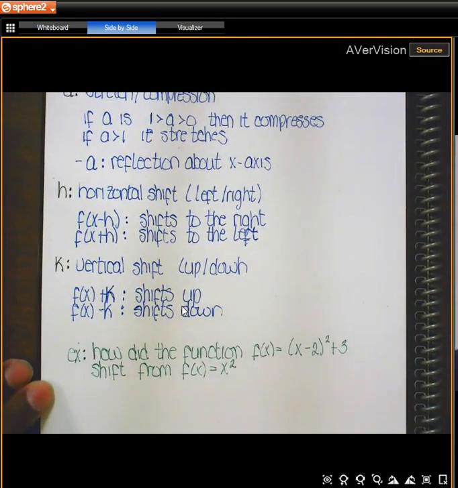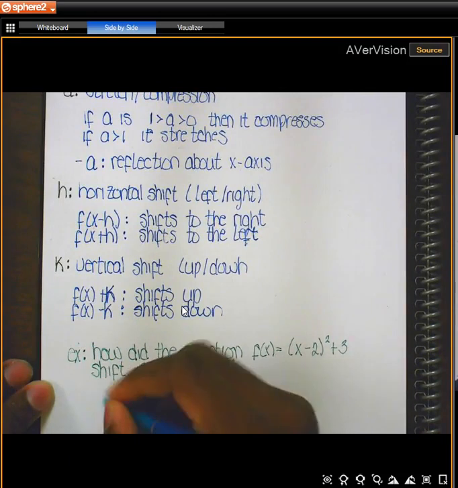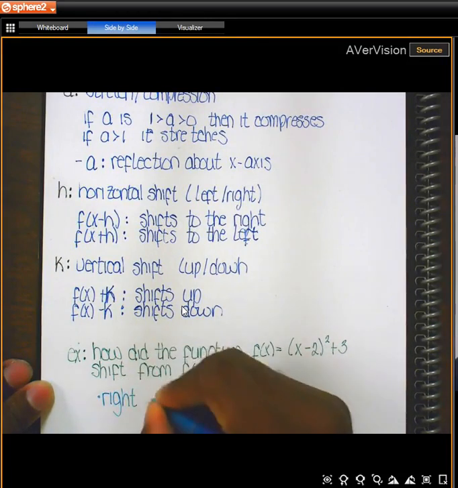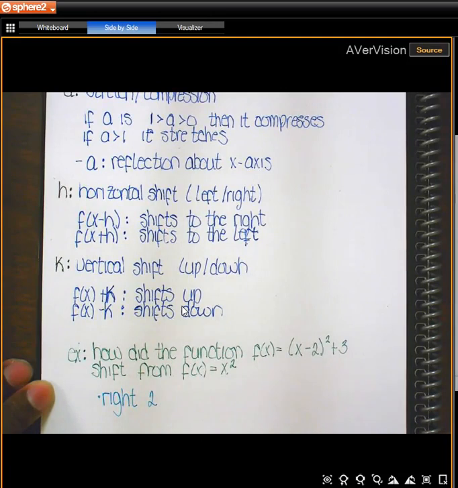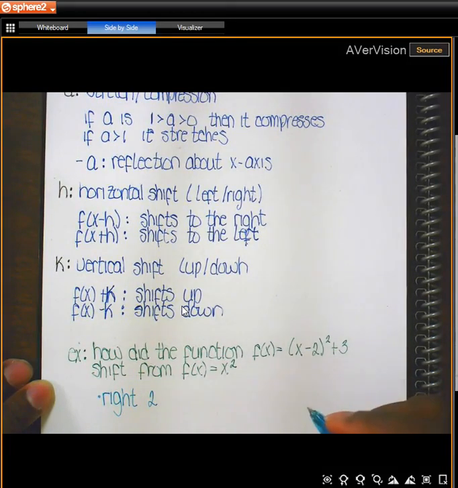So it went to the right twice. What else changed? Because we have h is positive 2, so that means we went to the right.